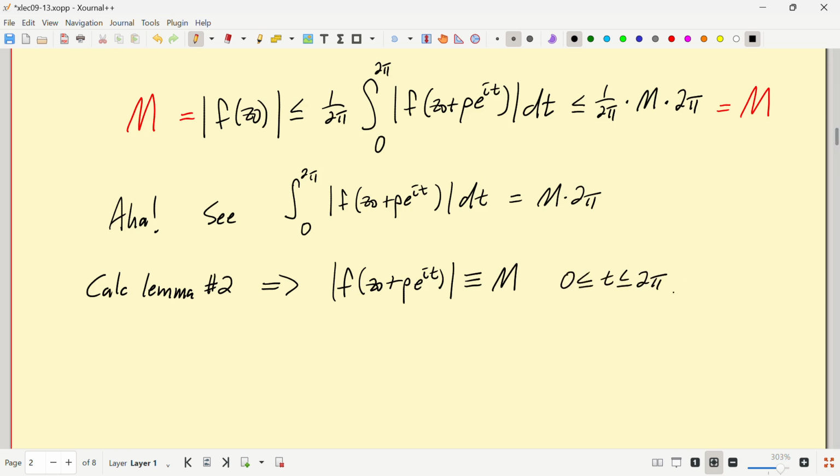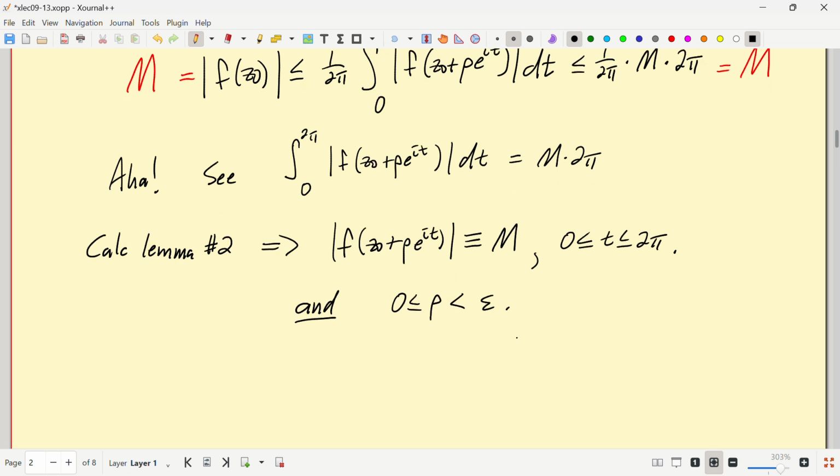And of course, rho is arbitrary. Actually, it holds for rho equals 0 too, so 0 less than or equal to rho less than epsilon. So on that whole disk. At the 0 point, we know that the modulus of f of z naught is m, so toss that in for free.